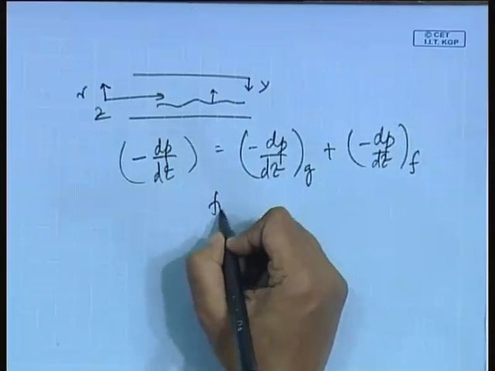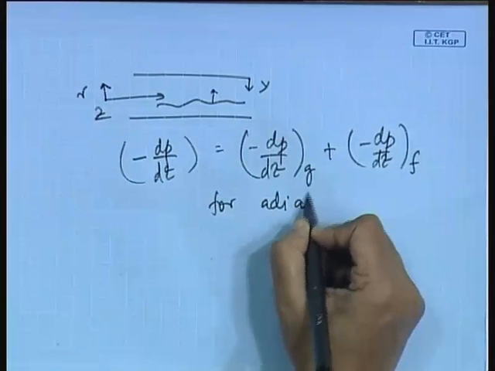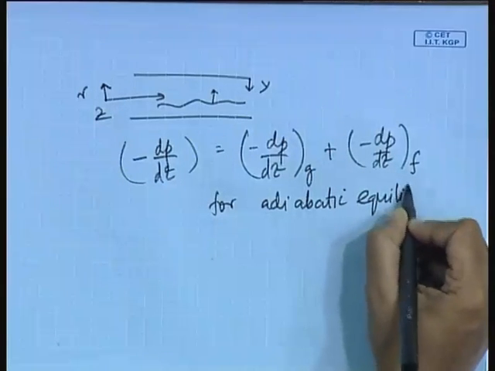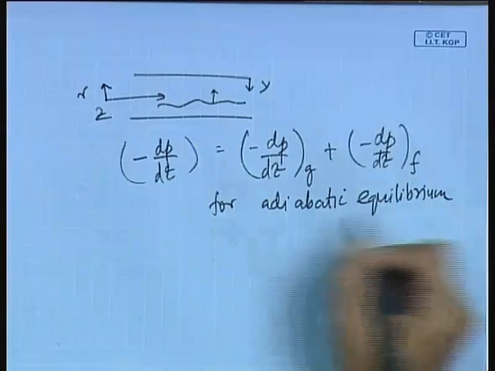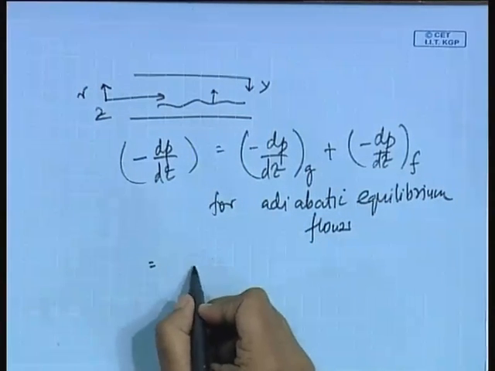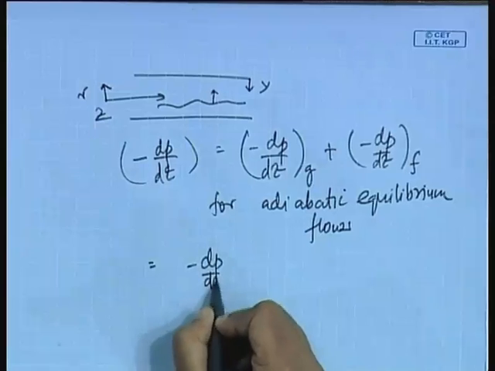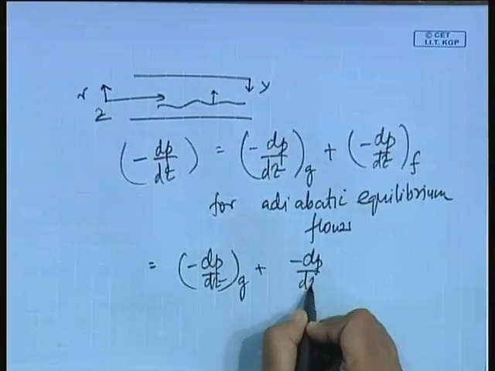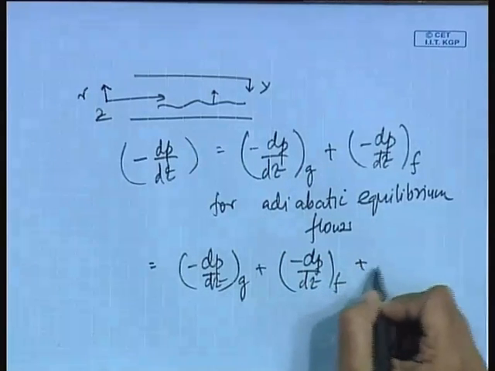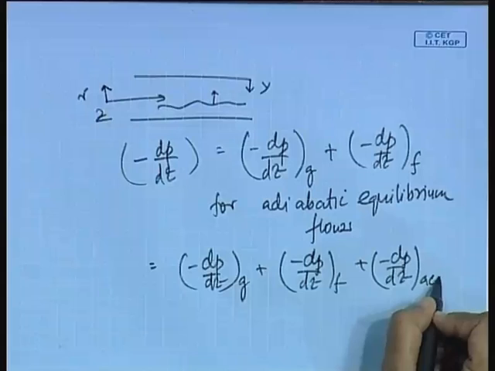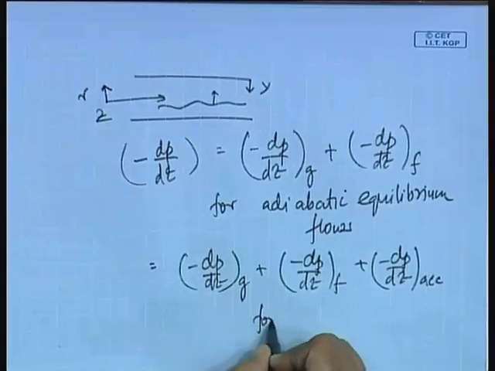For adiabatic equilibrium flows, this you have already derived. This is equal to the gravitational pressure gradient, the frictional pressure gradient, as well as the acceleration pressure gradient, which comes into being when we have heated tubes.